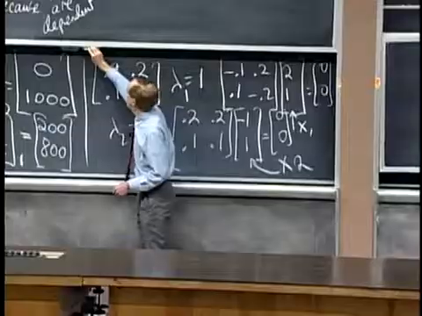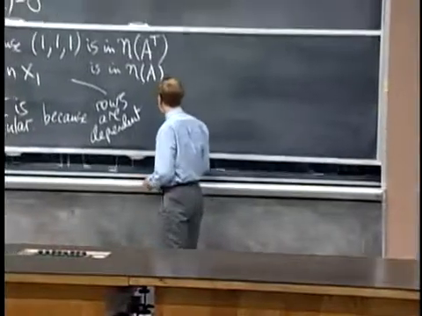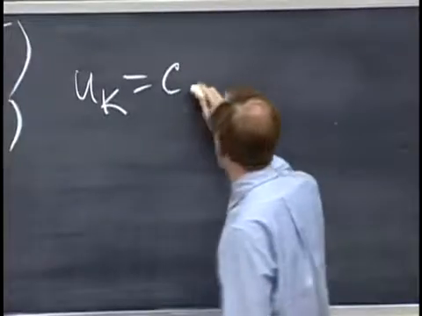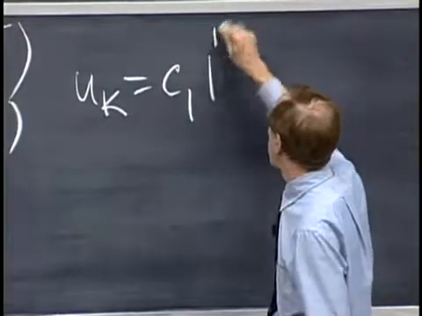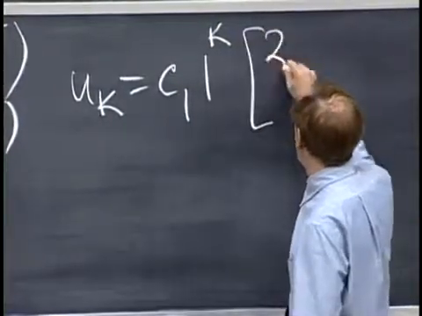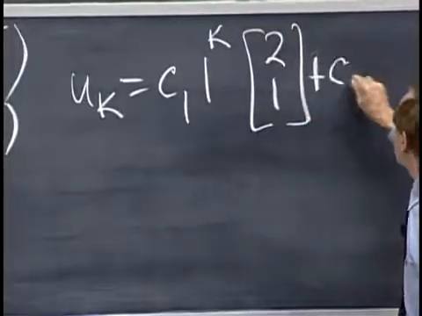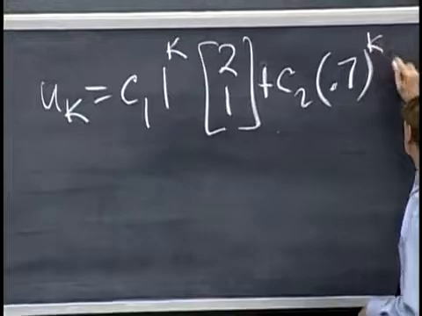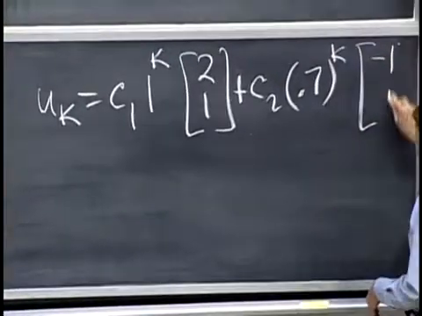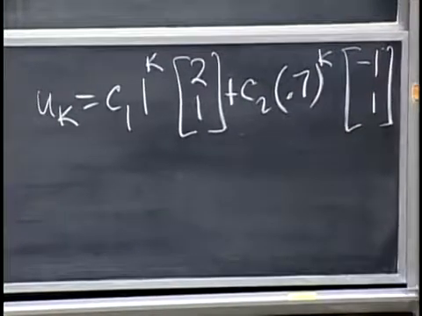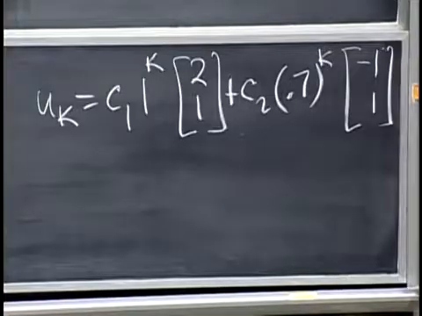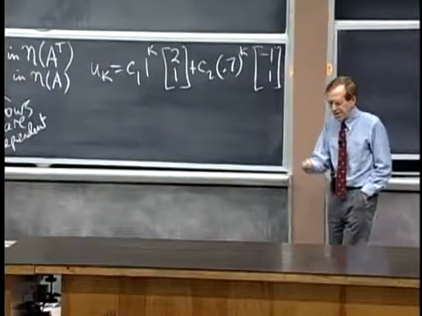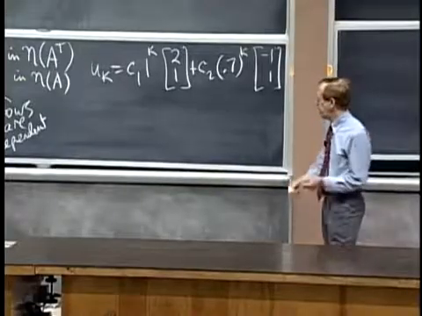So I'll just write it above here. U after k steps is some multiple of 1 to the k times the 2, 1 eigenvector, and some multiple of 0.7 to the k times the minus 1, 1 eigenvector. Right? This is how powers of a matrix work.